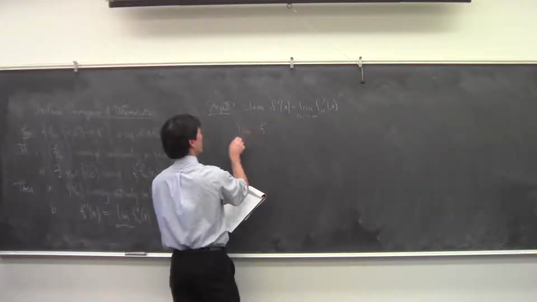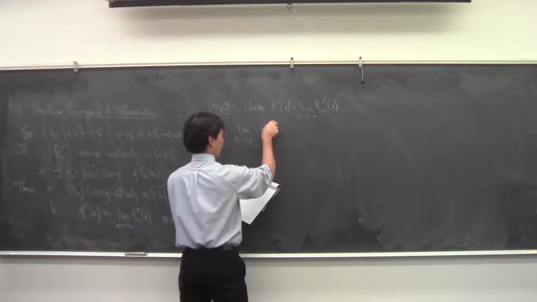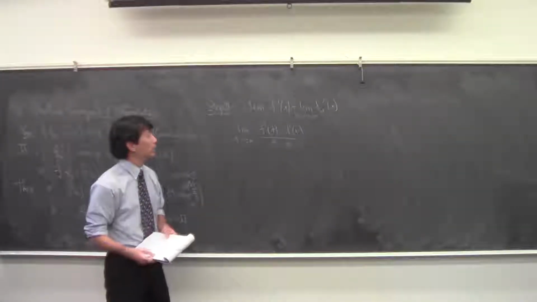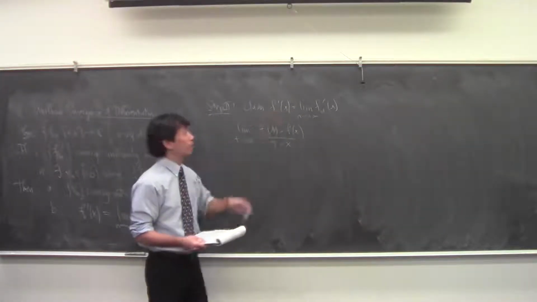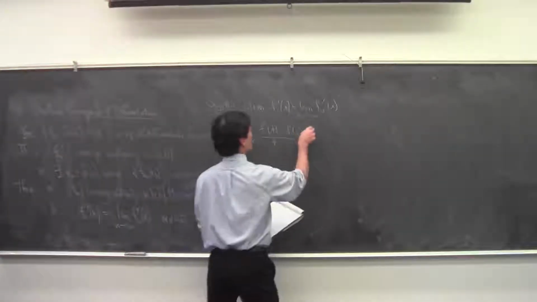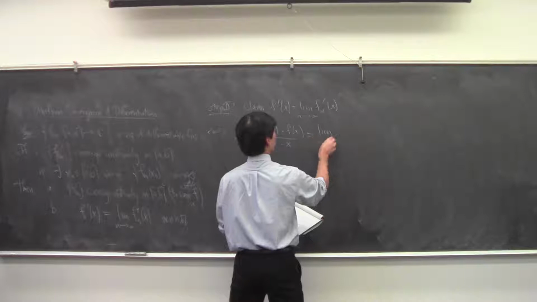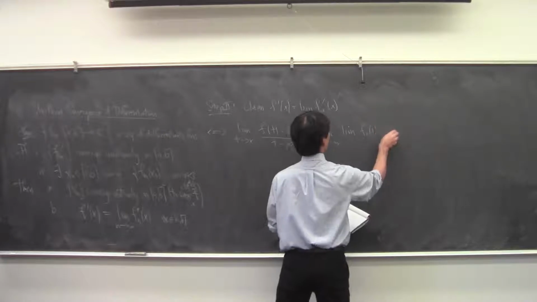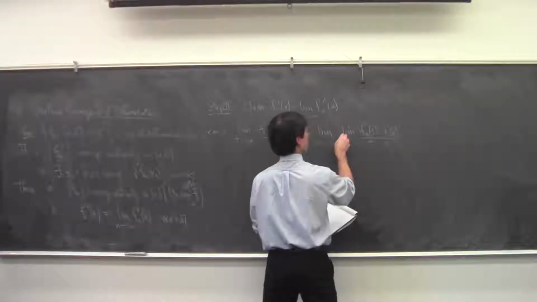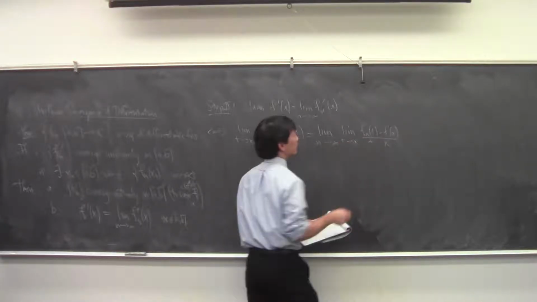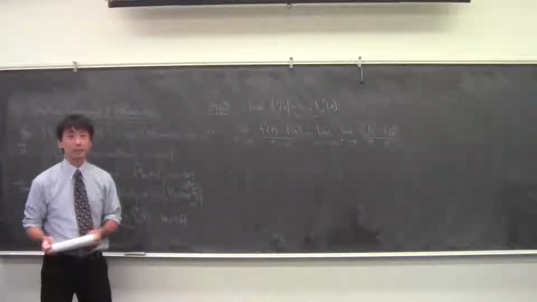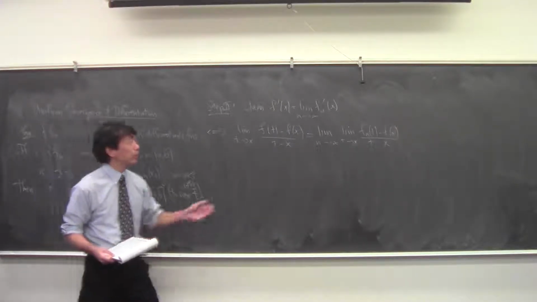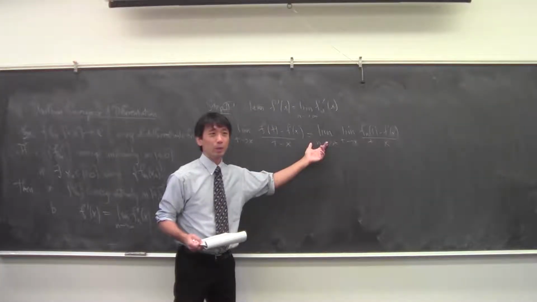This is the limit as t goes to x of f of t minus f of x over t minus x. So I'm going to rewrite the statement: the limit as n goes to infinity of the limit of fn t minus fn of x over t minus x as t goes to x. This is what we want to show.